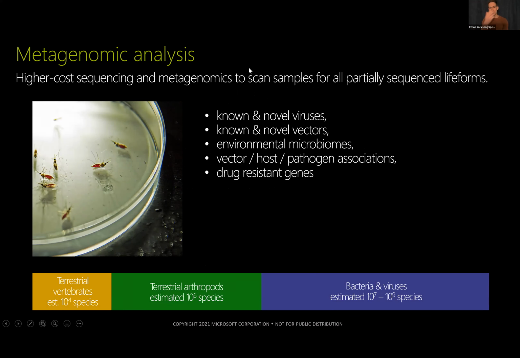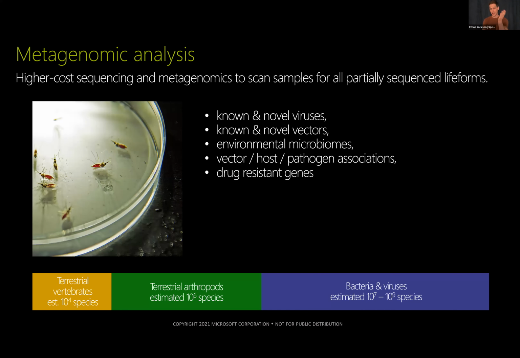Higher cost sequencing, compared to the low-cost digital sensing I described, is really important because it allows one to prioritize what samples go through this process. But once you have done the sequencing, we want to be able to recover known and novel viruses, known and novel vectors, environmental microbiomes, vector-host-pathogen associations, and drug-resistant genes.